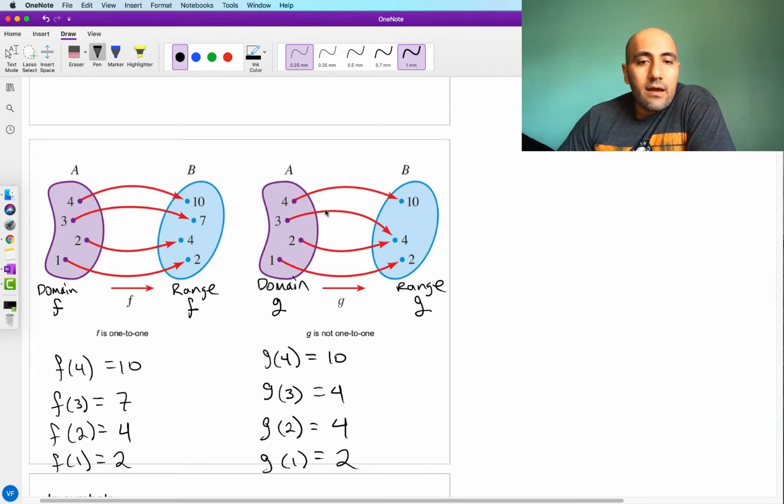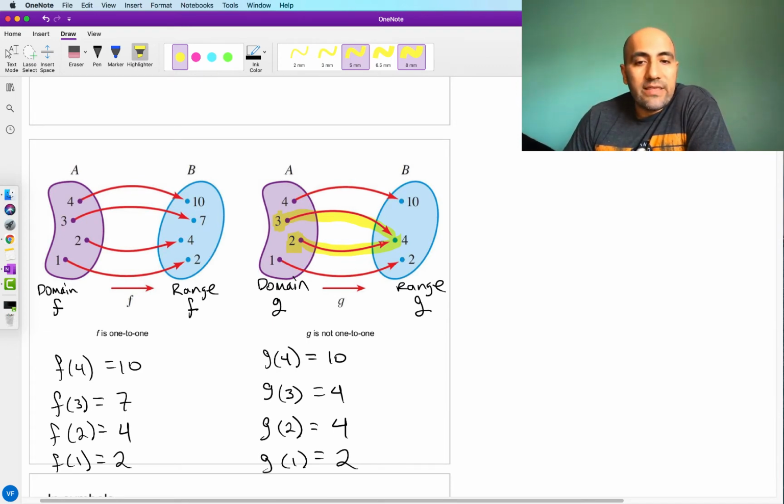However, a function does allow for two different numbers in the domain to map to the exact same value in the range. That's allowed for a function. But that's what we want to avoid when we want to identify functions that can be reversed, functions where the inverse will work.